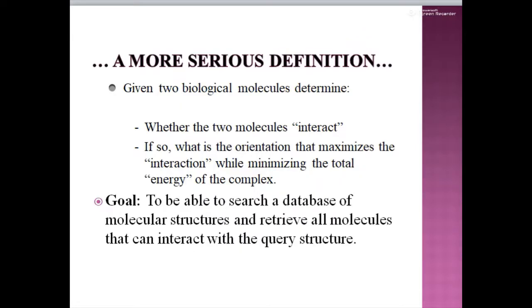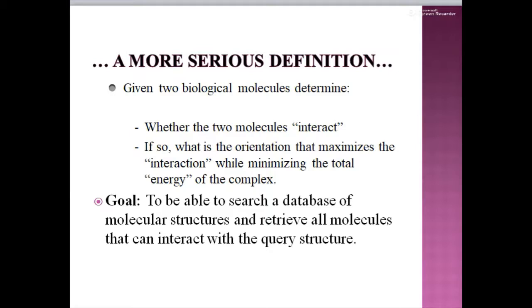And coming to a more formal definition of docking: given two biological molecules, you try to determine whether the two molecules will interact, and if so, what is the orientation that will maximize the interaction while minimizing the total energy of the complex.